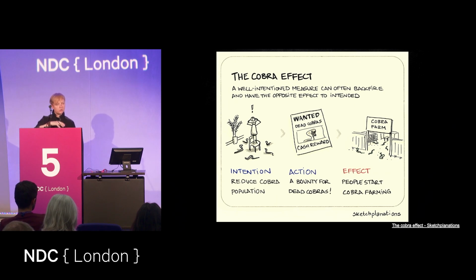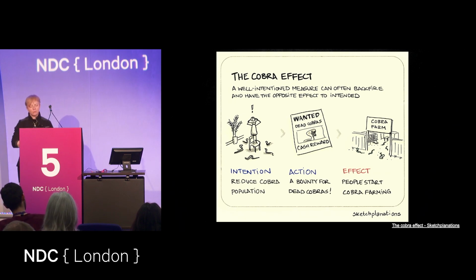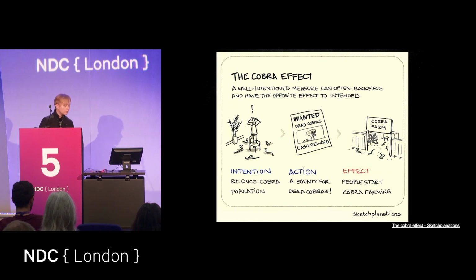And it turns out that the people were just creating cobra farms to get the money. And they closed that initiative and the people opened all the farms. And at the end of the day, we got more cobras than we used to have before. And that's the reason why it's called the Cobra effect. And try to be quite careful when you define how many KPIs you want to have, not to get so many KPIs that people start to work for the metrics' sake.